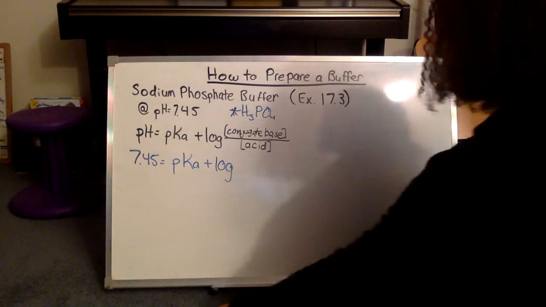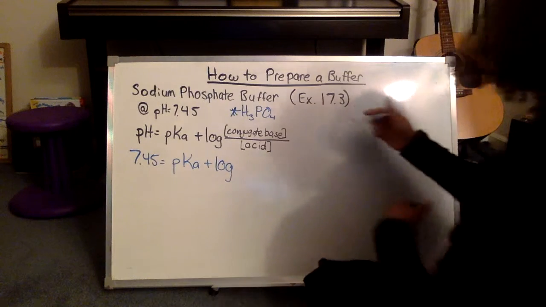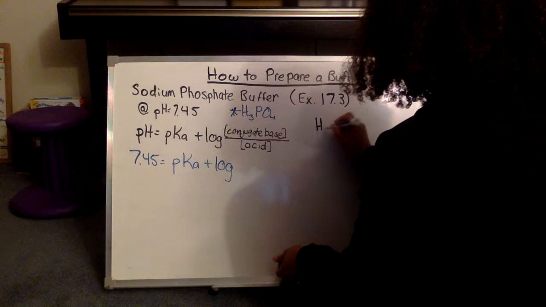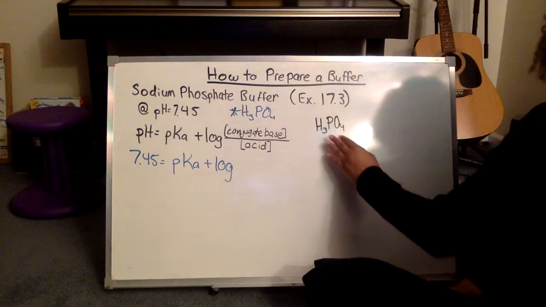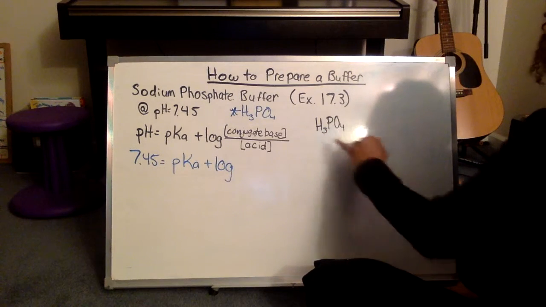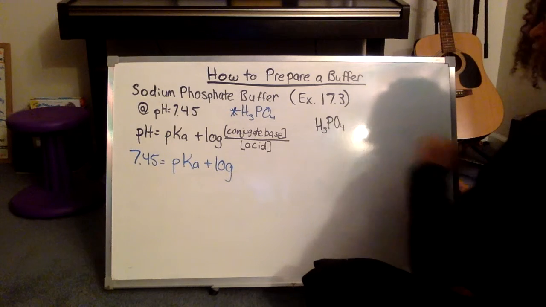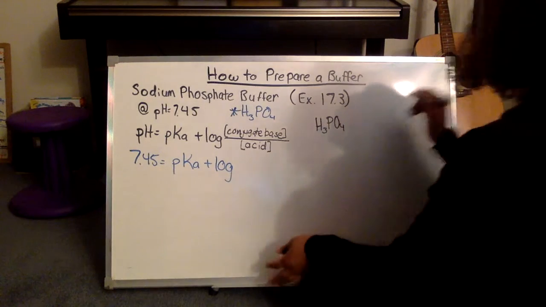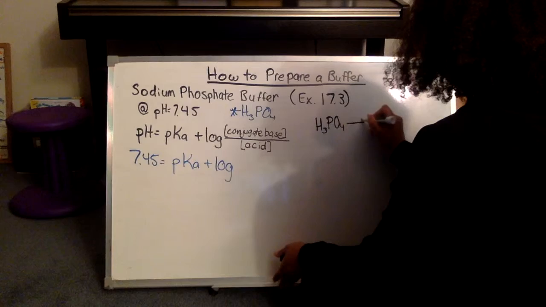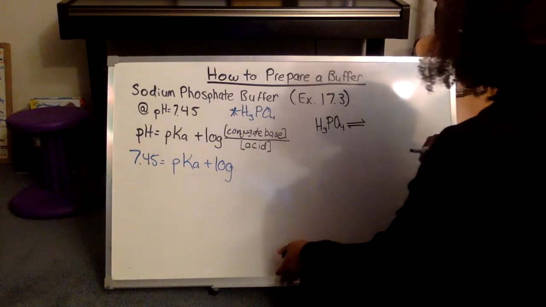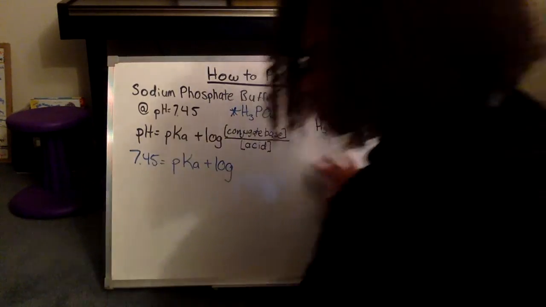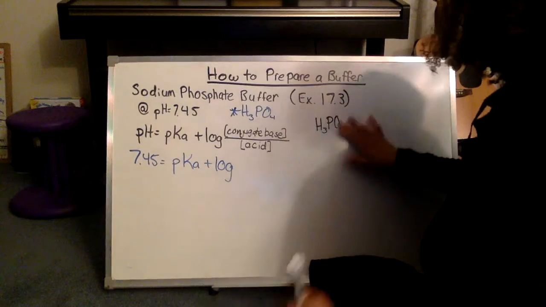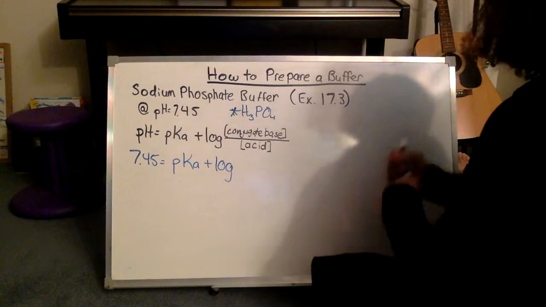Let's use black. There's a dissociation reaction that happens for each one of the protons that come off. So here's the first one. Let's try this again. Where's my eraser? Okay, great.